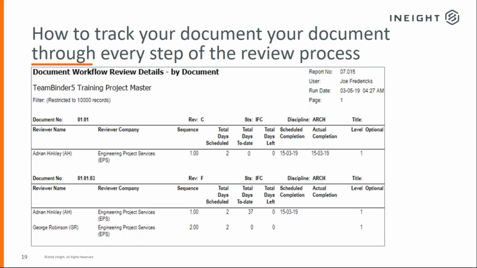So here we can see quite clearly that Adrian has actually completed his review. He did it on time, whereas when he's actually reviewing our secondary document, he hasn't completed that document. In fact, we can actually tell that it's been sitting in his queue for 37 days. That report is easily accessible to any user.